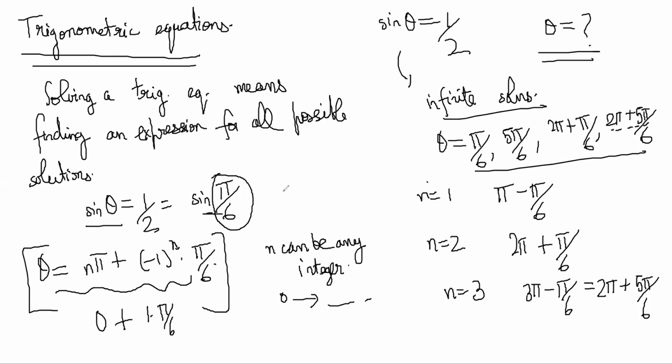Similarly, n is equal to 2, you get 2 pi plus pi by 6, which is the angle that you needed here. So for n values can be any integer from 0 onwards, and slowly you will keep getting all the possible angles, right? So this is called writing the general solution for the equation.